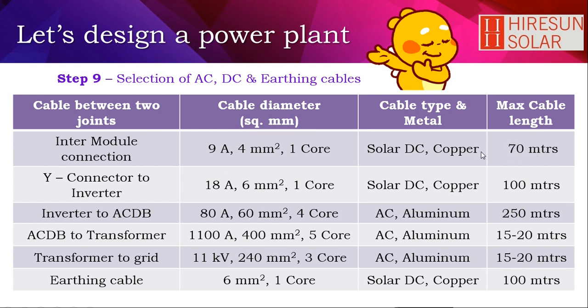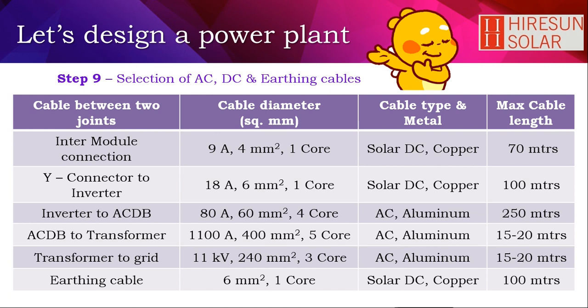We have the cable lengths and, most important, the diameter, the standard wire gauge SWG, for single core cable. Similarly we have one more cable from inverter to AC distribution box. 4 core, 5 core and 3 core cables are used, and the earthing cable. So keep a detailed layout in mind.